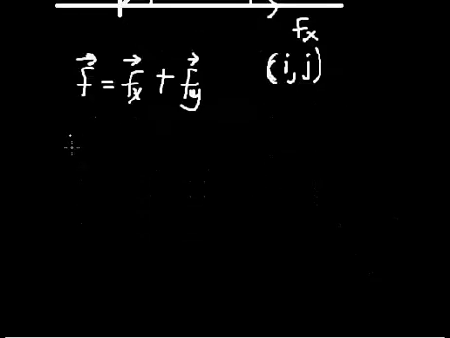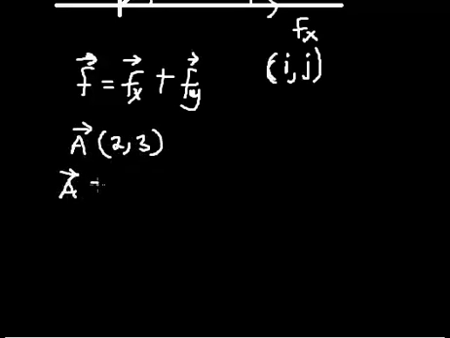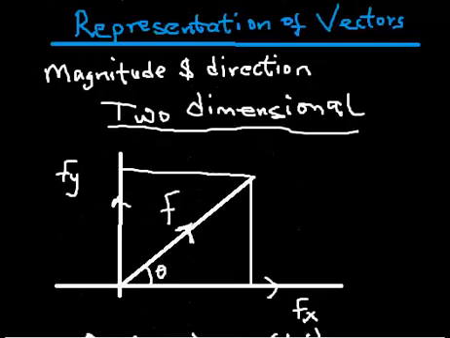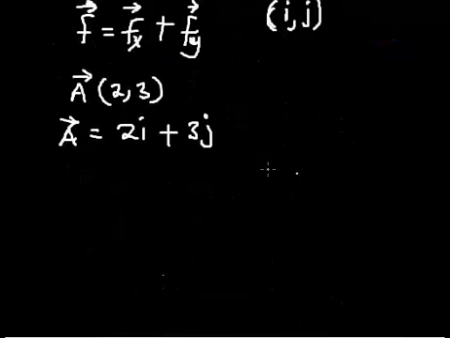For example, if I have vector A having a coordinate of 2, 3, that is expressing A to be equal to 2i, which is the vertical component of A, plus 3j, which is the horizontal component of A. So please take note of that.